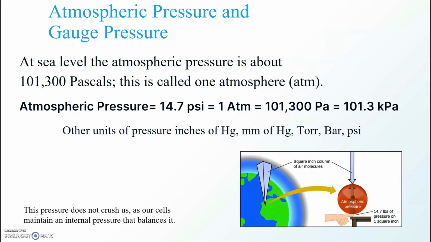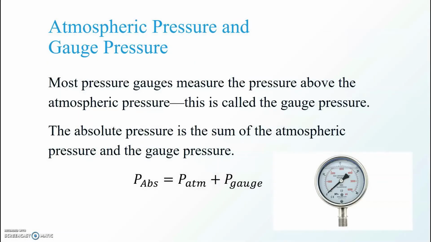If you think of it, pressure is just how much air is sitting over your top in a square inch. If you were to put a 14.7 pound bar that is 1 square inch on your thumb, that is the pressure the atmosphere pushes down on you. The reason you don't feel that crushing force is because the cells in your body maintain an outward pressure that balances it out.